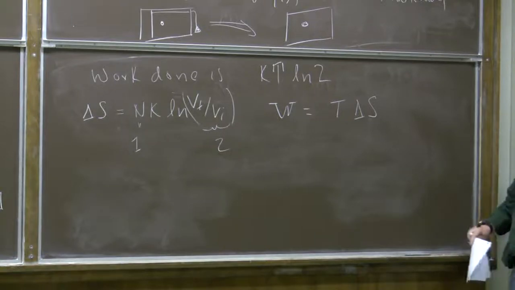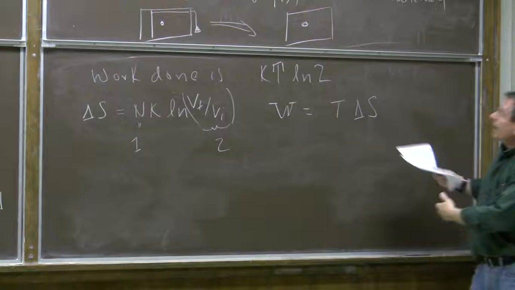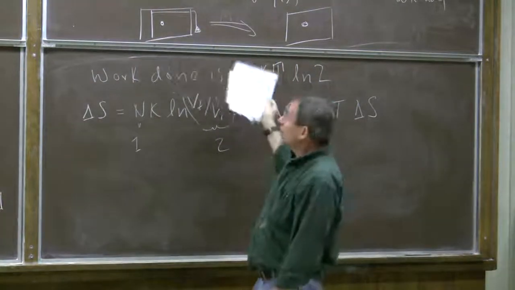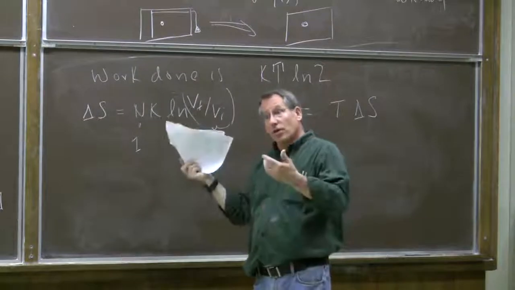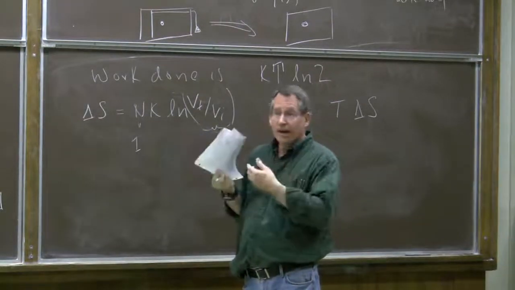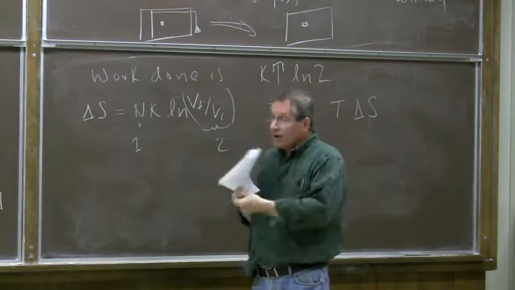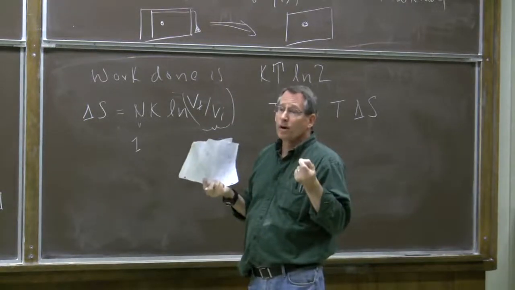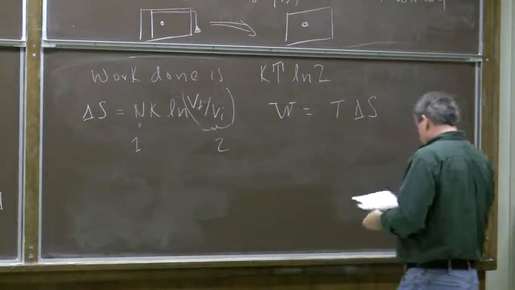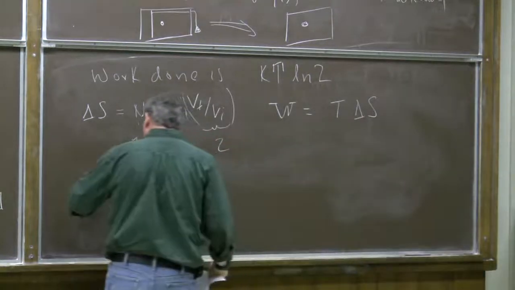So there's heat flowing from the reservoir into our one molecule gas, and that heat is doing the work. Okay? We lifted the weight, but there was no waste heat. We did this at temperature tau. We had reservoir temperature tau. We had no zero temperature reservoir. We didn't have to produce any waste heat. So no waste heat.